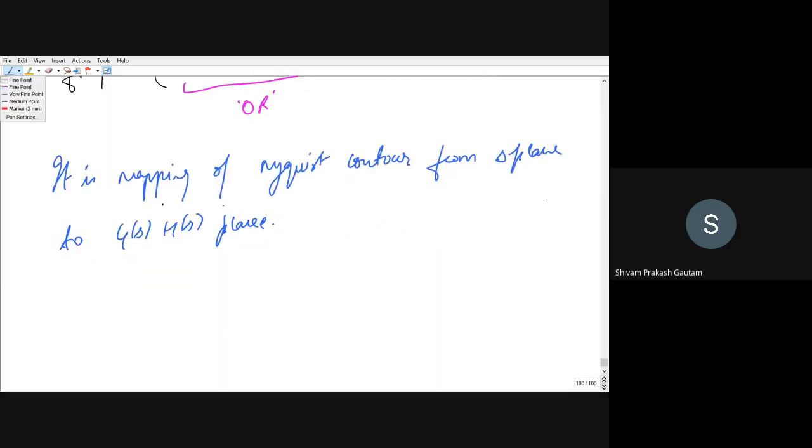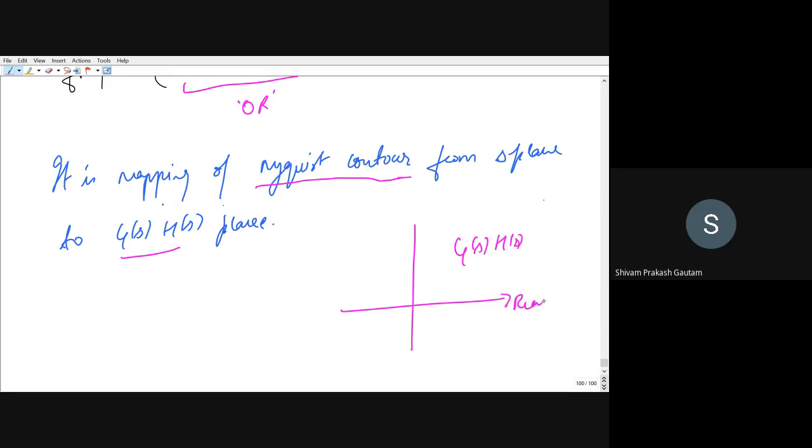So here the new term that we are seeing is Nyquist contour, because GH plane we already know. We have already plotted our polar plot in GH plane.